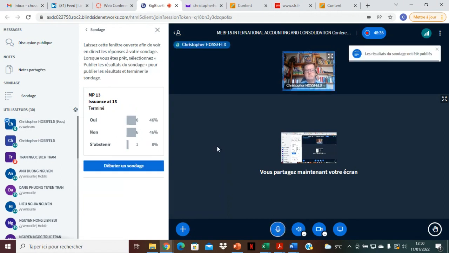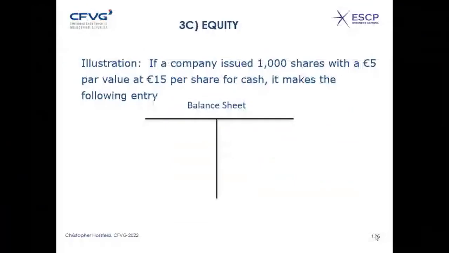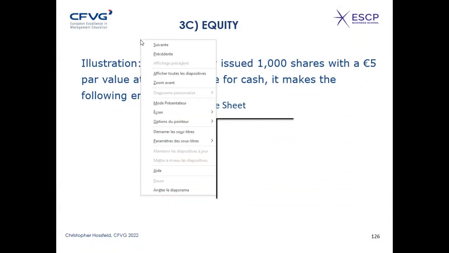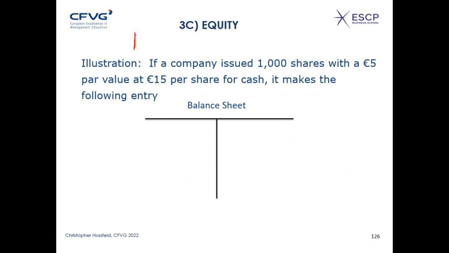Okay, well, we have very equal, mixed results. 6 people think it's a good idea, 6 people think it's a bad idea, and 1 person doesn't know. Remember, here we talk about shares that are listed on the stock market. So the market price is 13, and then I try to sell new shares for 15.